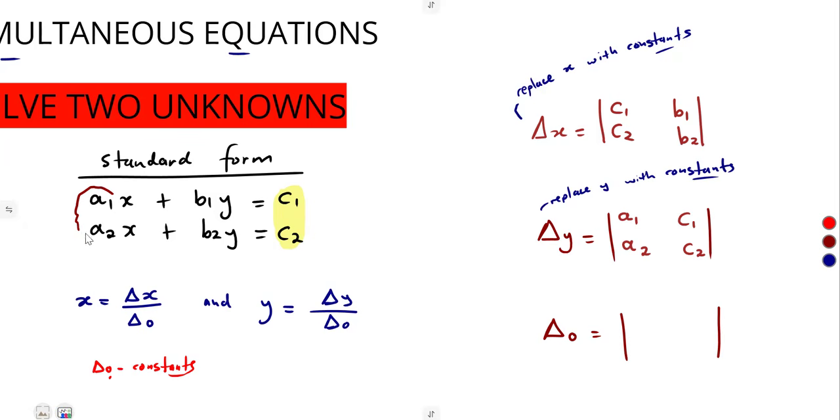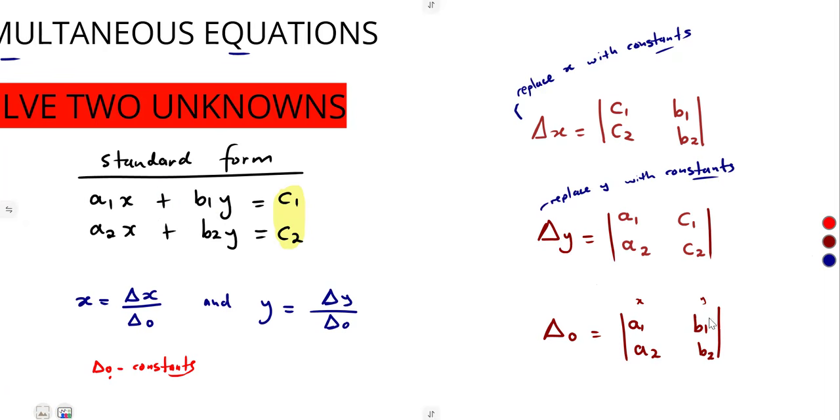So for X, it's A1 and A2. This is for X and this is for Y. So A1, A2 as it is. For Y, their coefficients B1, B2. So take note, I have a plus here. So that's why I'm not focusing on the signs.